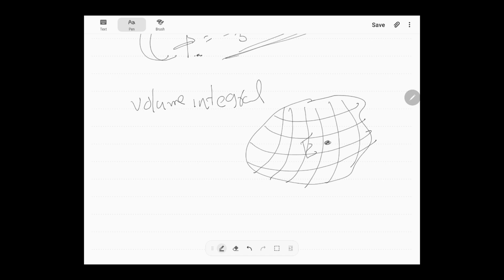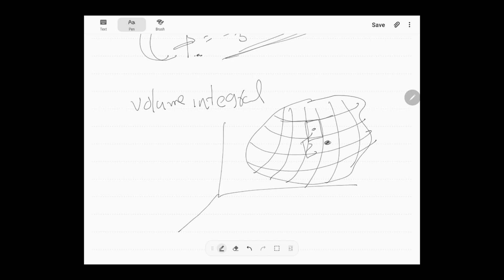If you have some region in space, some solid, we make that solid into several parts by cutting horizontally, vertically, and in the 3 directions, perpendicular to the xy, yz, and zx planes. Then you will have very small parts.